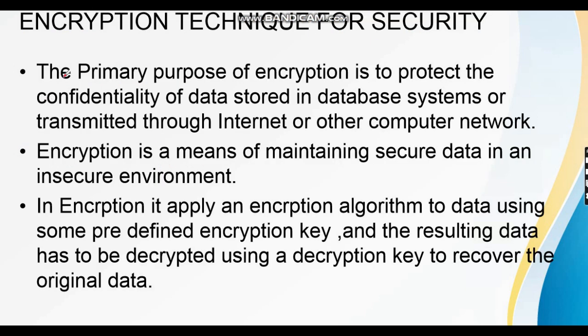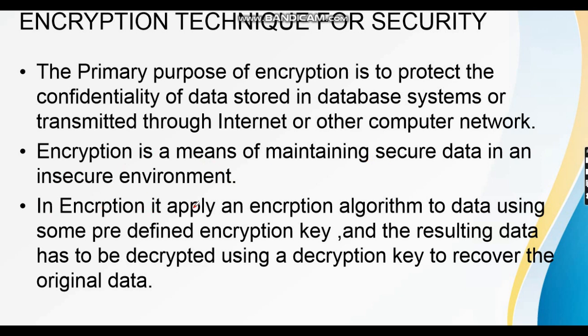Now, encryption technique for security. The primary purpose of encryption is to protect the confidentiality of data stored in a database system or transmitted through the internet or other computer networks. Encryption is a means of maintaining secure data in an insecure environment.